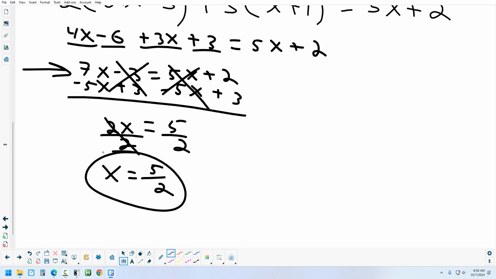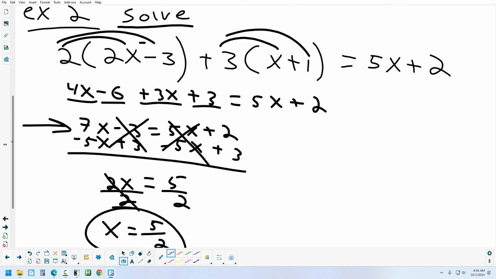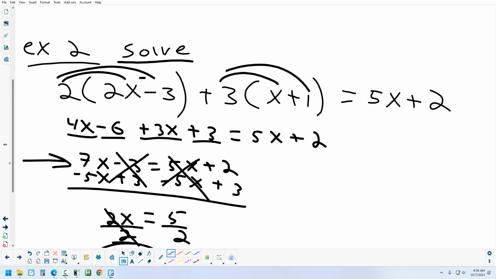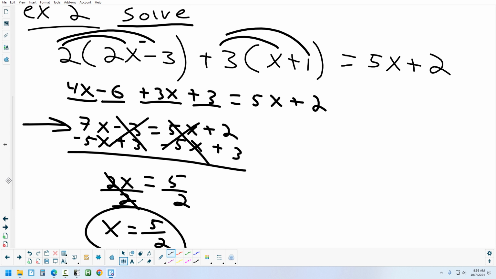You just leave it as x equals 5 divided by 2. Okay, so not really a problem I would start out with in Algebra 1 solving linear equations, but hopefully you guys are comfortable with all those steps. Distributive, combine like terms, adding, subtracting, multiplying, all that stuff. Any question on that?